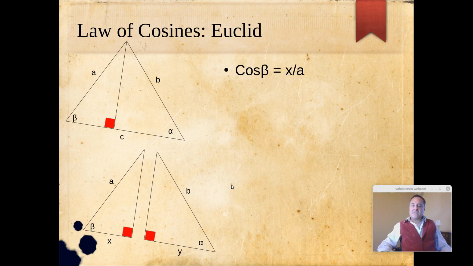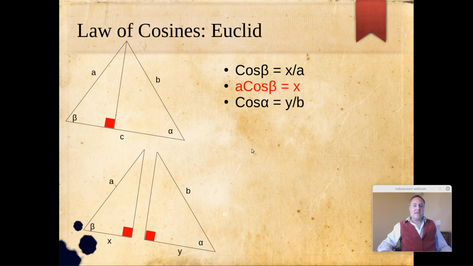For this left-sided triangle, the cosine of beta is the base over the hypotenuse, X over A. And so the base, by multiplying both sides of the equation by A, is A cosine beta.